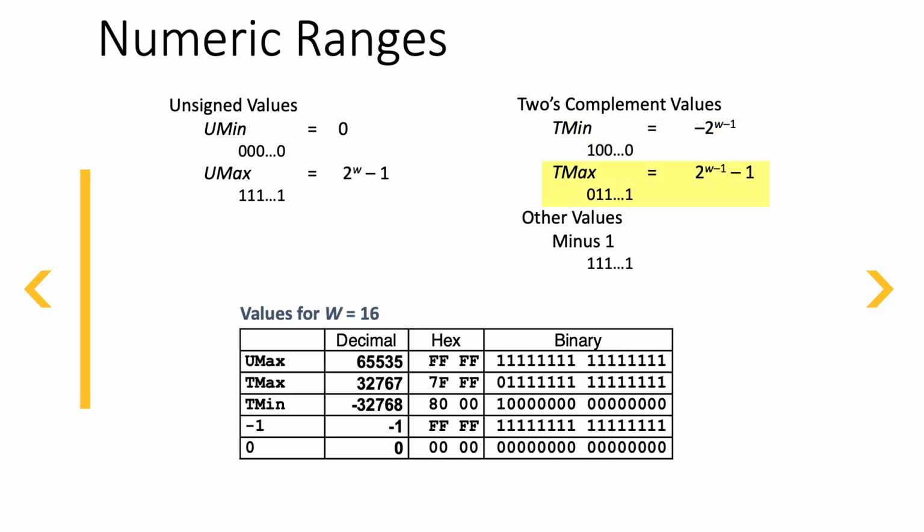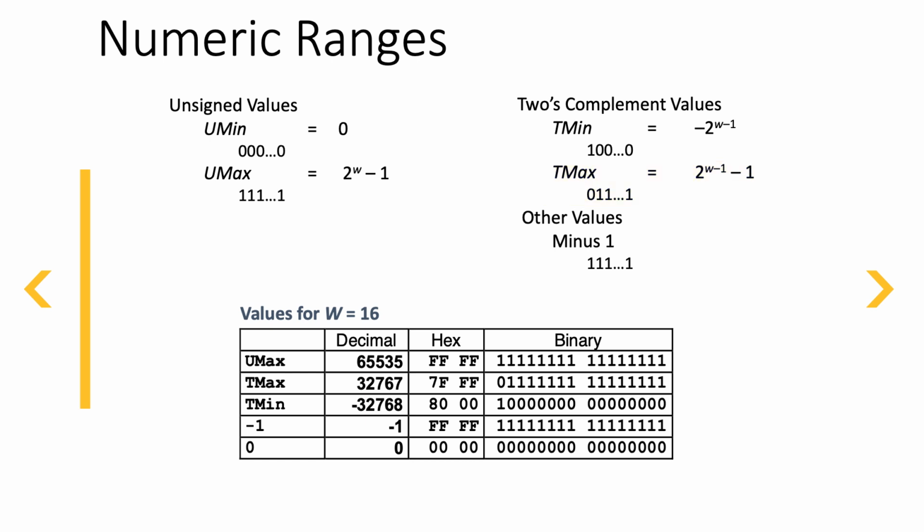TMax, our maximum 2's complement value: we have to leave the most significant bit as a 0 because, again, that has negative weight. We don't want any negative weight in our maximum value, we don't want to subtract something out of it. So we leave the most significant bit 0 and fill the rest with 1s. That's going to be 2 to the w minus 1, minus 1.